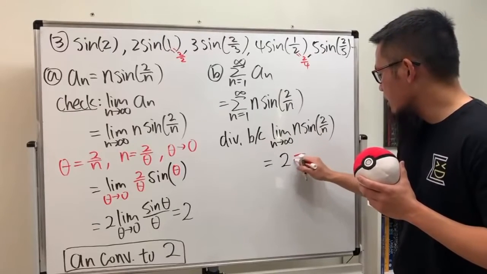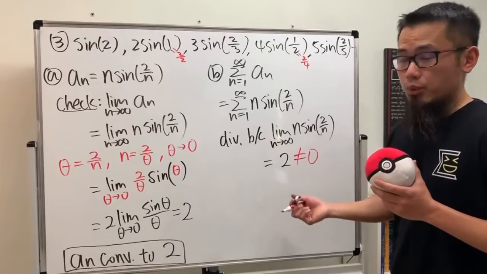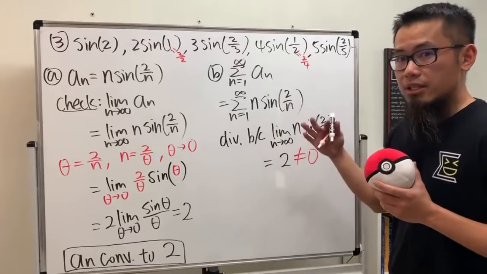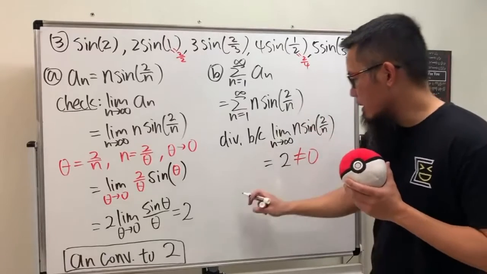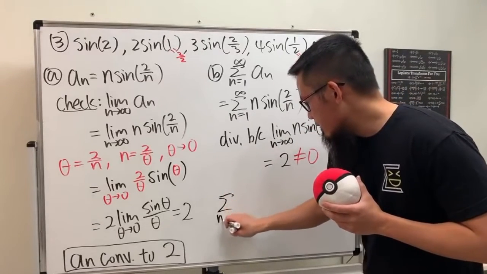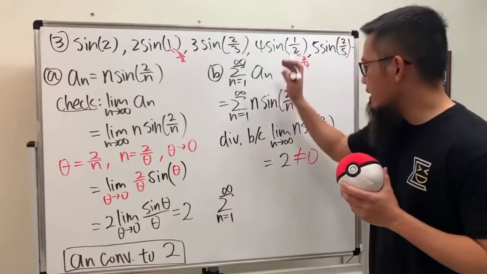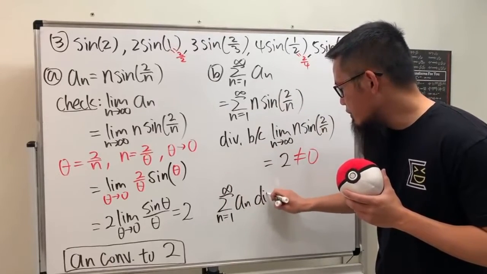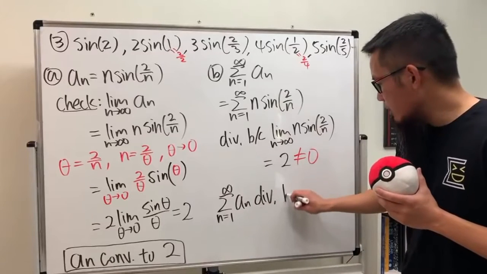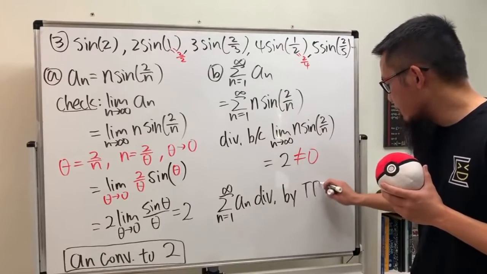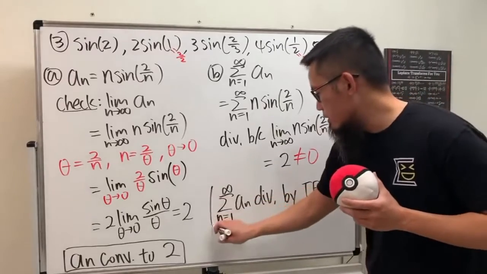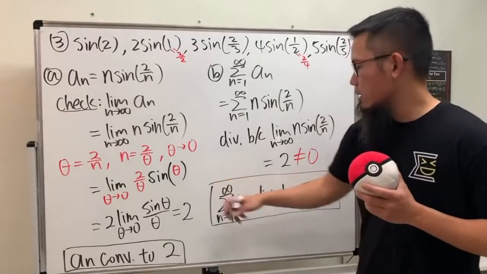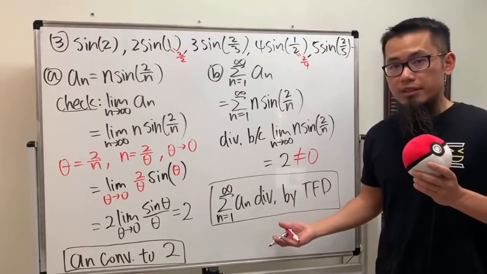And again, 2 is not equal to 0. Therefore, you can draw the conclusion. And the conclusion is that the series as n goes from 1 to infinity of an, in this case, diverges. And give a reason by test for divergence. Right? So that's how you can present your answer.